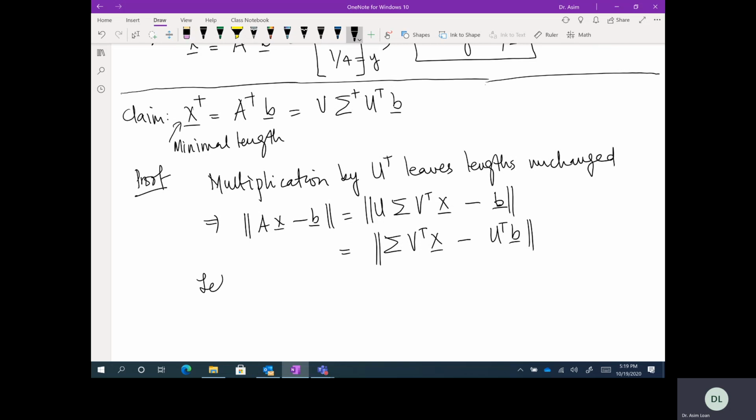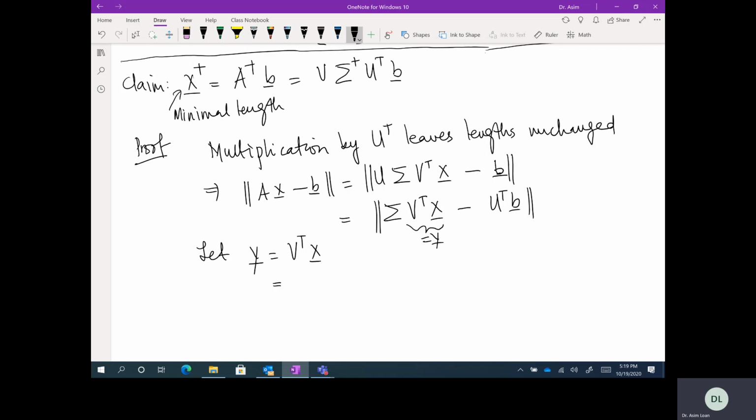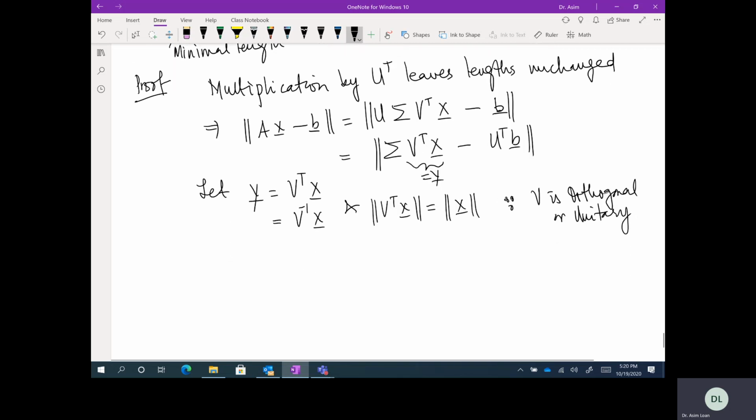So let y equal V transpose x, or y equals V inverse x, because V is orthogonal, and this has the same length as x. Because V is orthogonal or unitary, and for unitary, instead of transpose you use Hermitian.